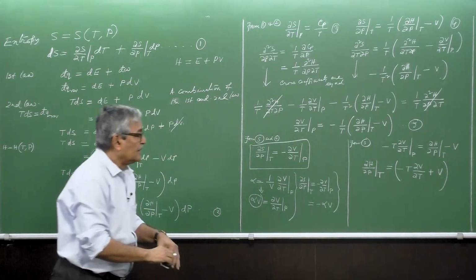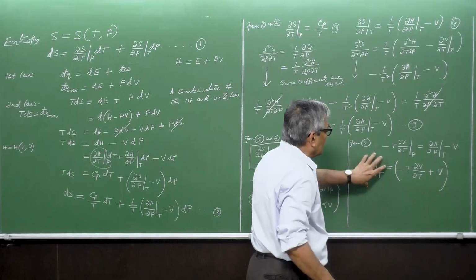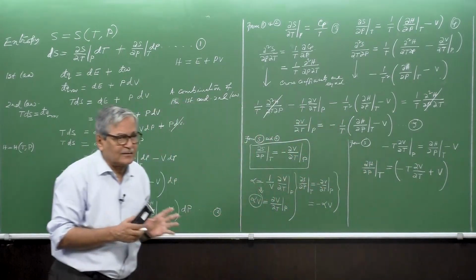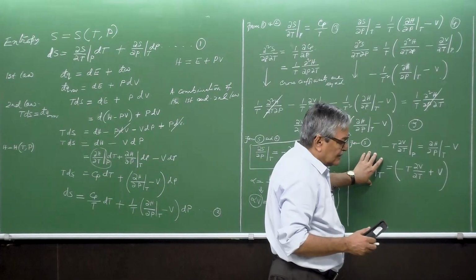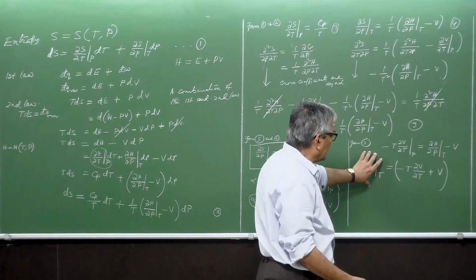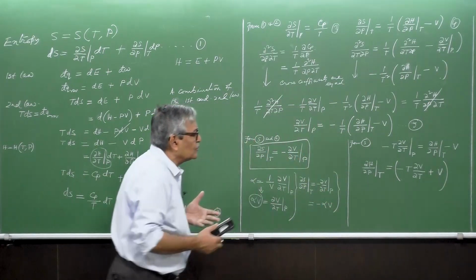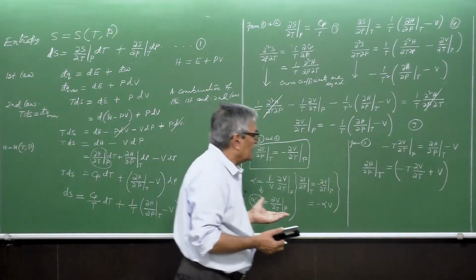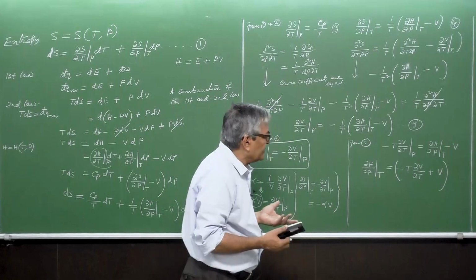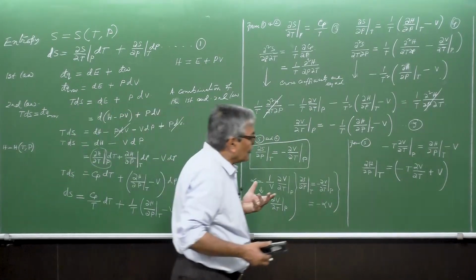Again, this was the quantity that we could not understand, and to understand it we had gone for a Joule-Thomson experiment, and we showed that this is somehow related to Cp, the specific heat at constant pressure, as well as the Joule-Thomson coefficient.